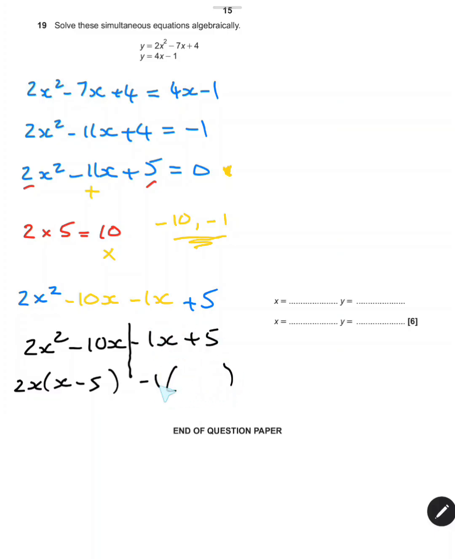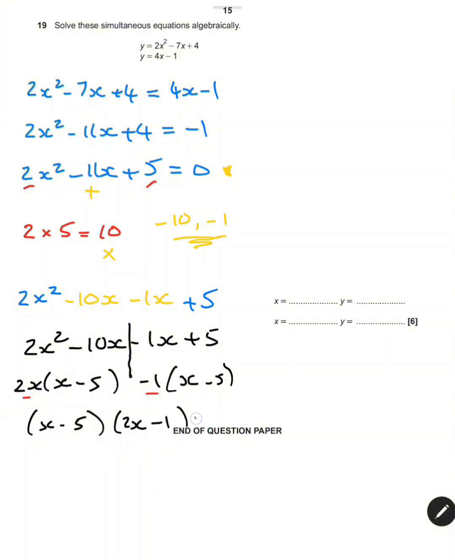Take that out as a factor. Minus 1 times x is minus 1x. And minus 1 times minus 5 is plus 5. This is good. I've got matching brackets. So that's my first bracket. And then the 2x, the minus 1 go into my second bracket.